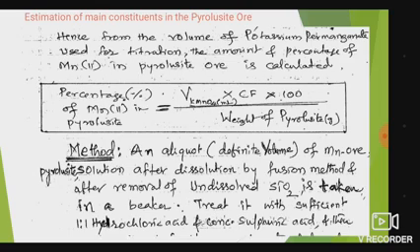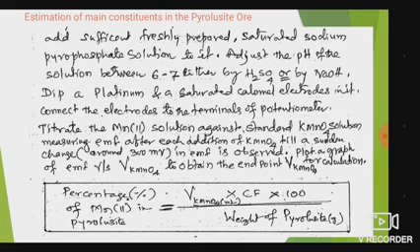Treat it with sufficient 1:1 hydrochloric acid and sulfuric acid. Then add sufficient freshly prepared saturated pyrophosphate solution to it. Adjust the pH of the solution between 6 to 7 using H2SO4 and NaOH.